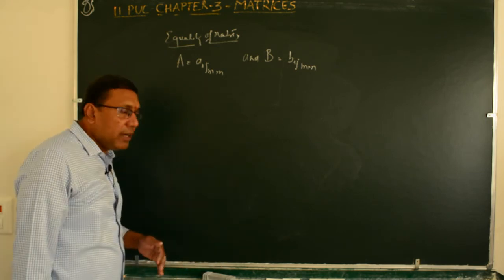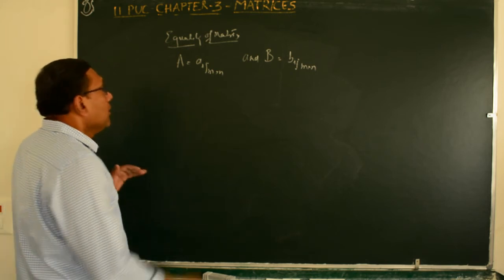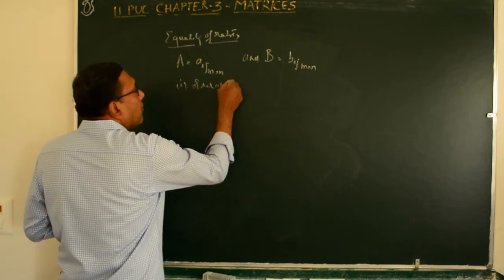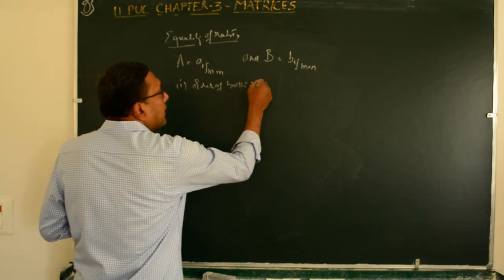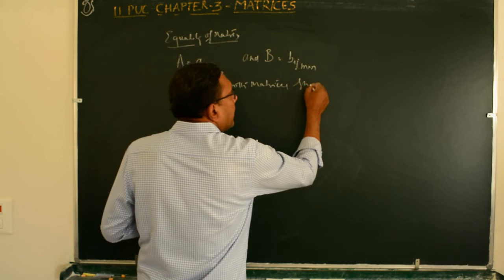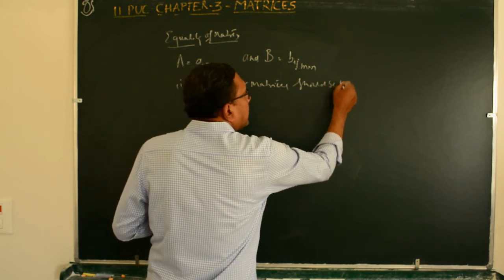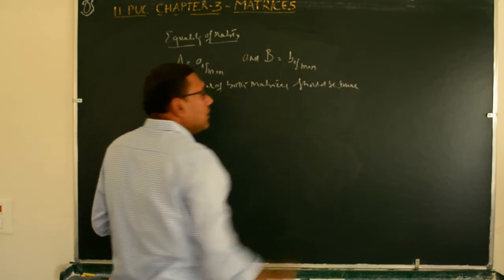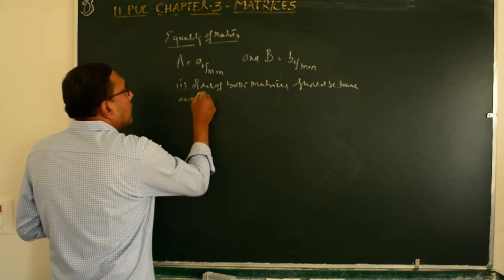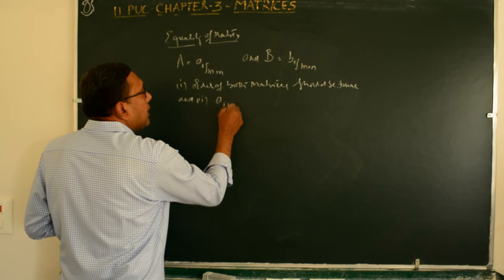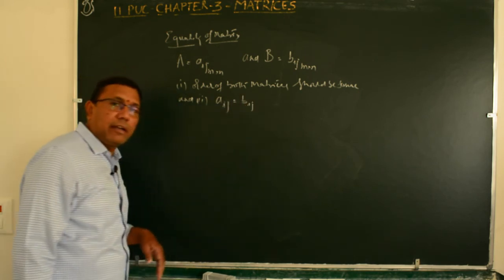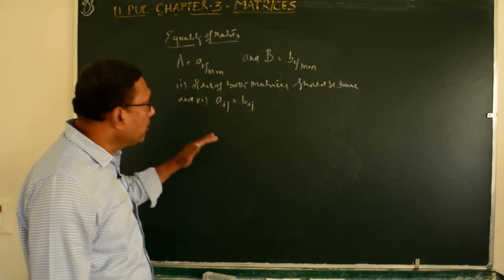Number one, the order of both the matrices should be the same, and the corresponding elements Aij and Bij of both the matrices should be the same.